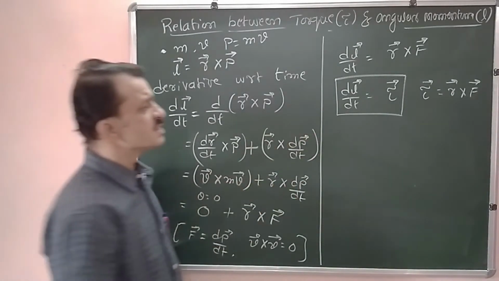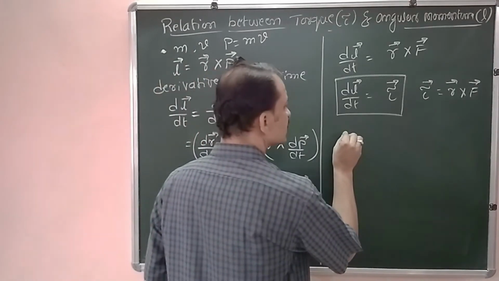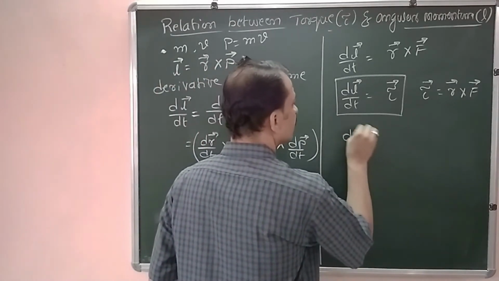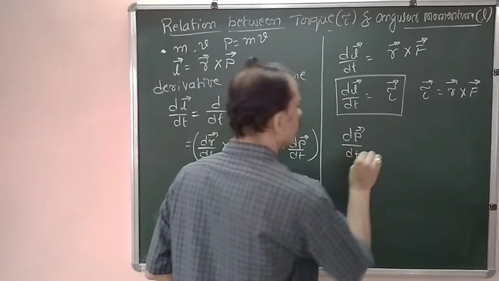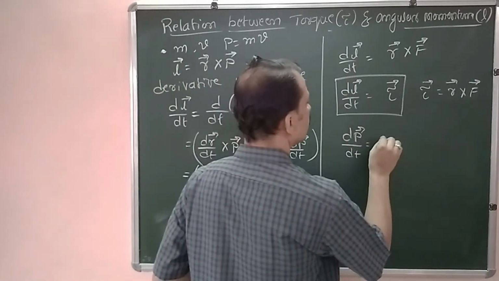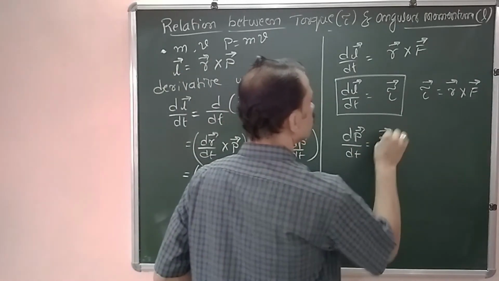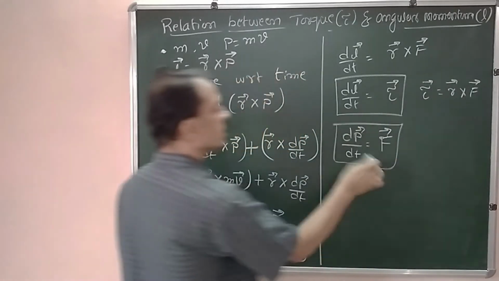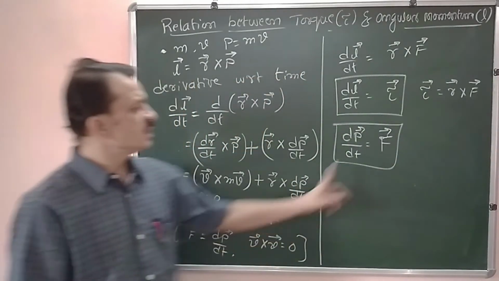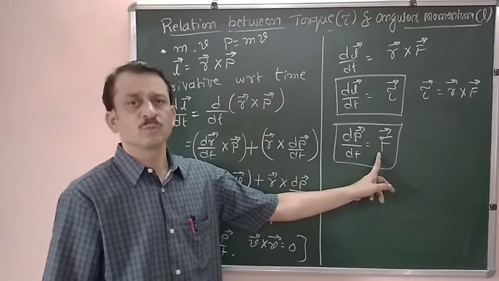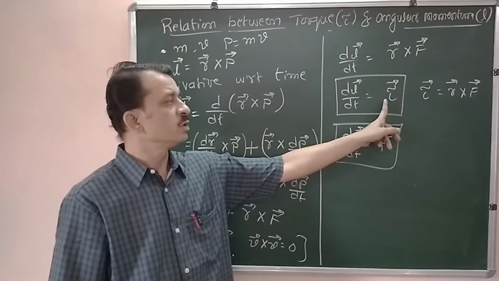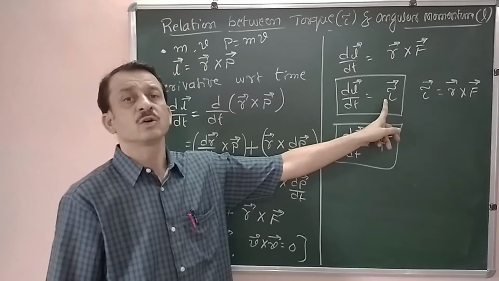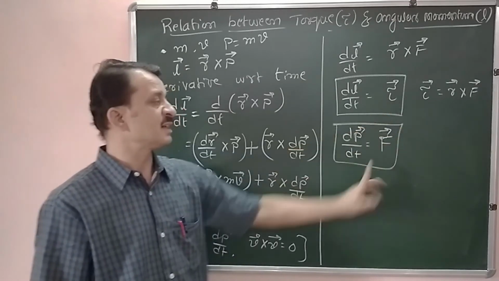Now this relation is similar to Newton's second law, that is, the derivative of p with respect to t is equal to the force. This is what we have mentioned here. This is Newton's second law in linear motion. Therefore, Newton's second law in rotational motion we can consider like this.